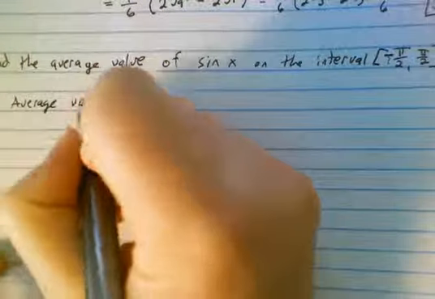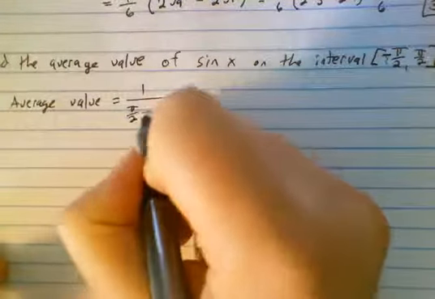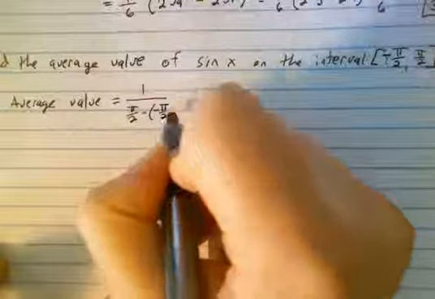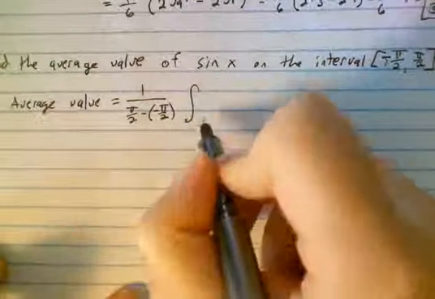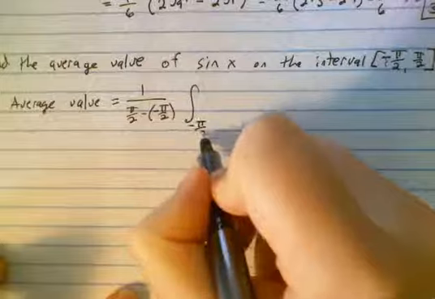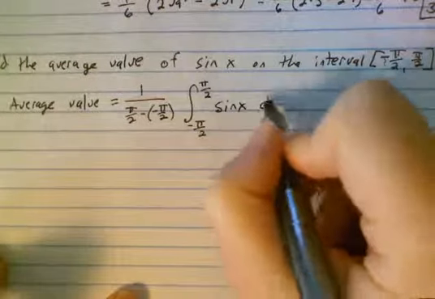So, average value, we're going to do the width, so from negative pi over 2 to pi over 2 is 1 over pi over 2 minus negative pi over 2. And then we're finding the area under the curve, so that's from negative pi over 2 to positive pi over 2 of sine x dx.